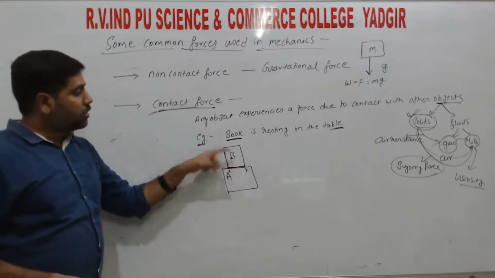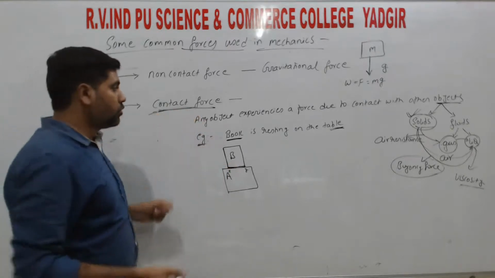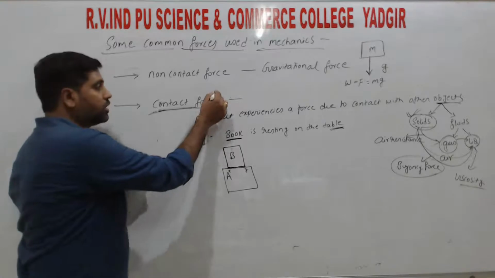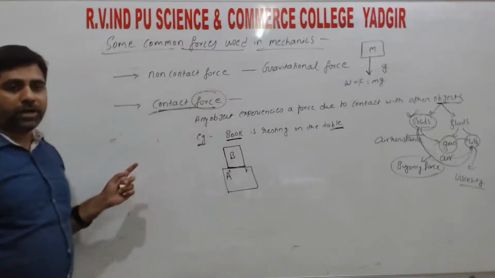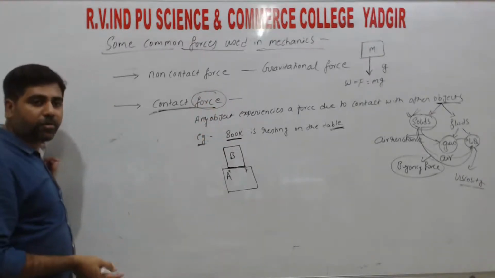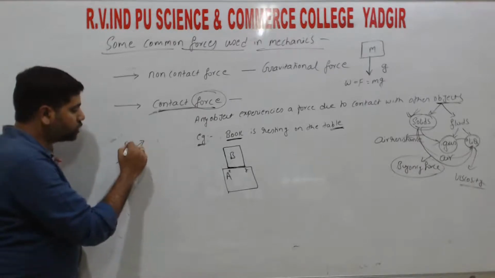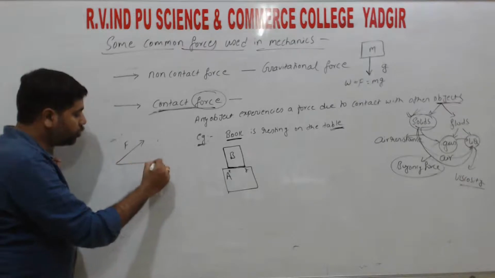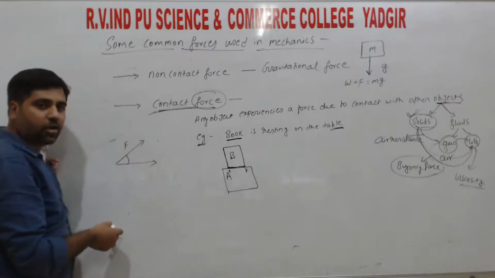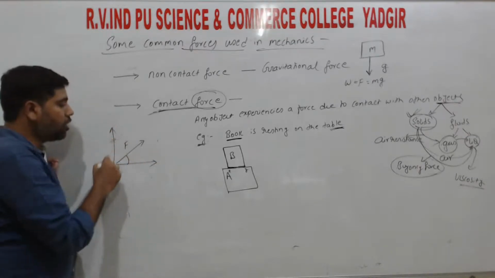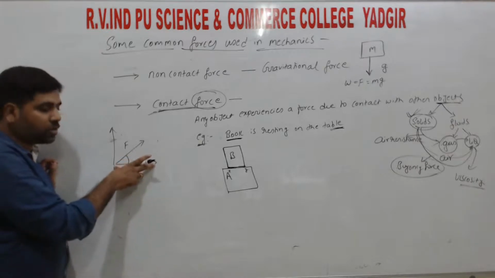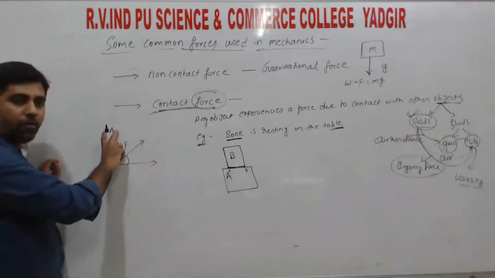So here in contact force, force is nothing but a vector. This force we can resolve into two components. I already said that when studying vectors, there are many applications, right? So if we have any force, we can resolve it into two components, one along the horizontal and another along the vertical. That means a horizontal component and a vertical component, right?